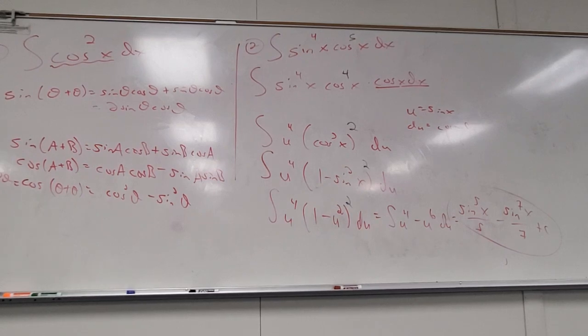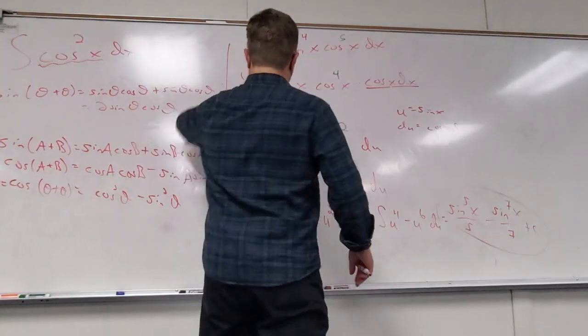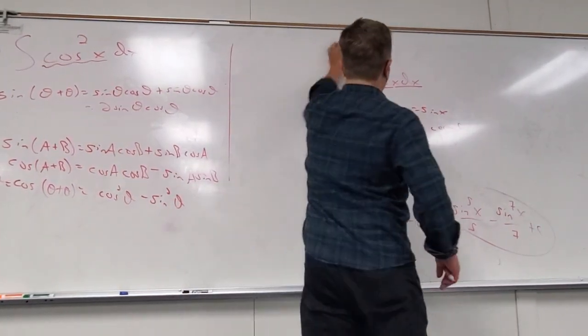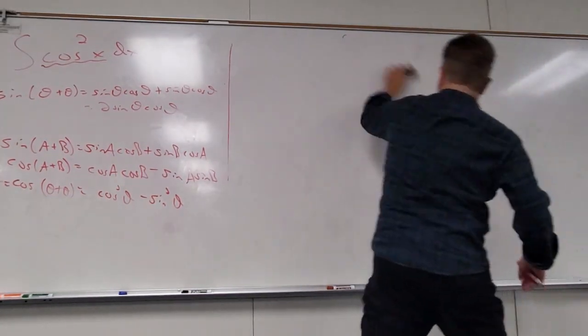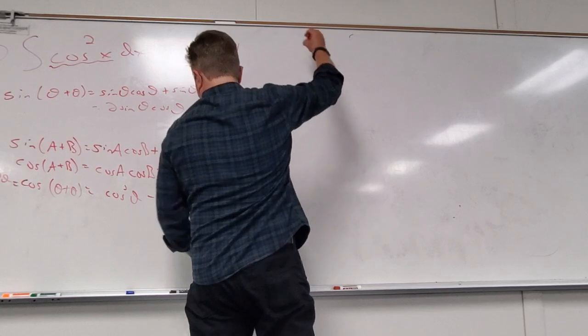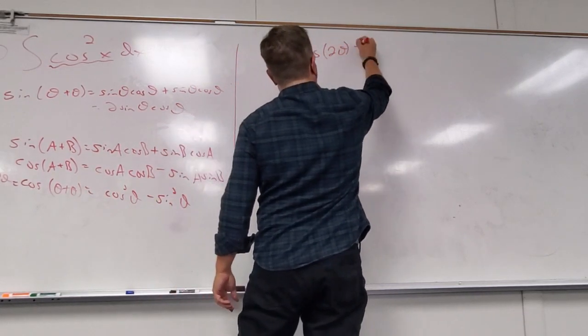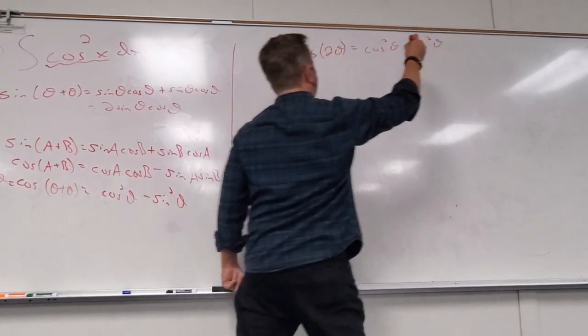Yeah, kind of, at the edges of your brain? Okay, so watch this. That's still not in a good form to help us. It's almost there. So I get cosine of 2 theta equals cosine squared theta minus sine squared theta.